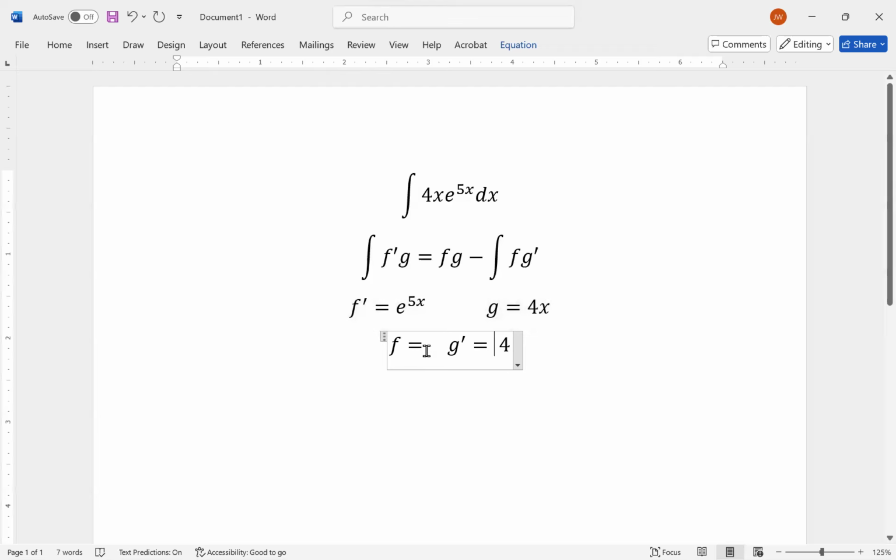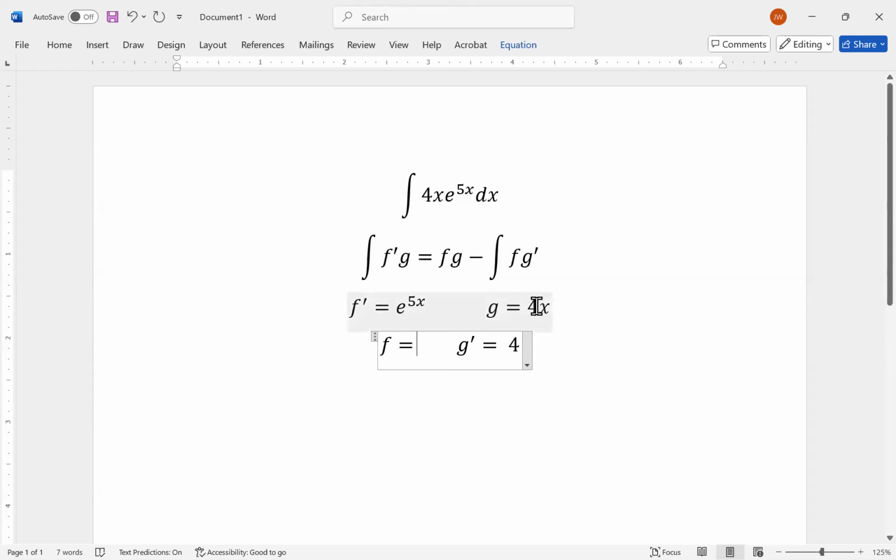And constants are really nice to deal with. We'll see in a couple of examples that if we take something like 4x squared, it'll take a couple of derivatives until we get down to a constant. But the reason I'm using g as the polynomial is because when I take the derivative g prime, it simplifies, the variable x goes away.